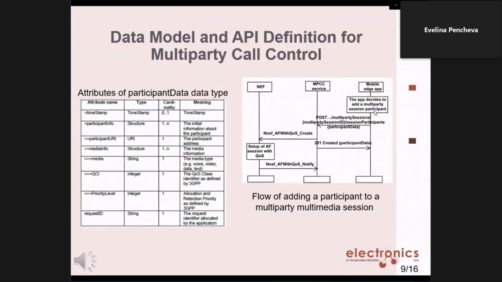Adding a participant to an existing multi-party session involves creation of an application function session with quality of service in the network. For each participant, the application provides media information.